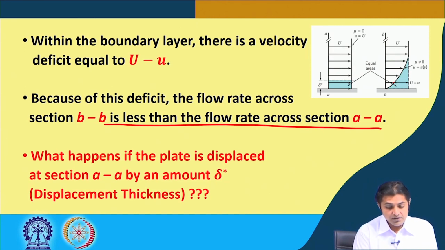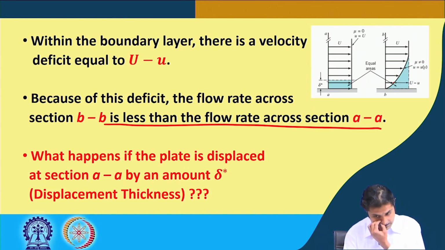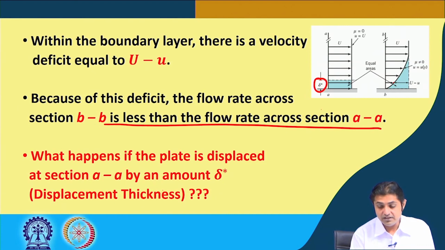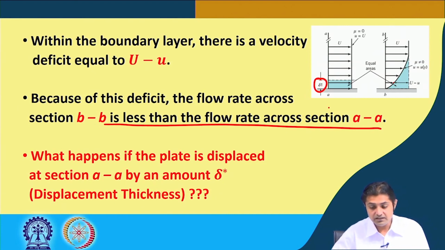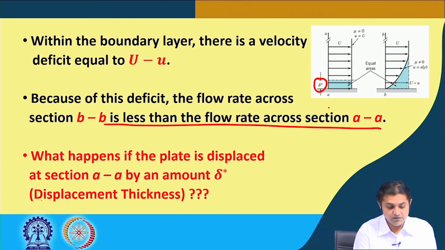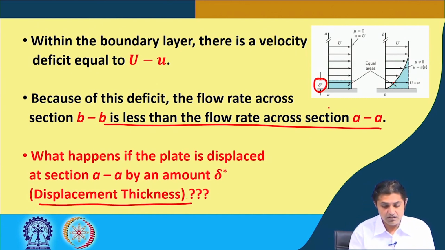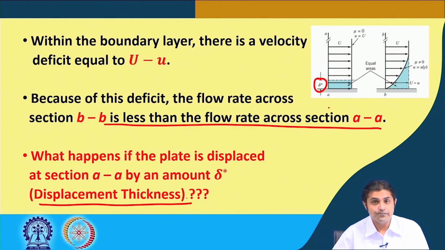My question to you is, what happens if the plate is displaced at section AA by an amount delta dash? This delta dash is called the displacement thickness. With this we will see in the upcoming lecture.